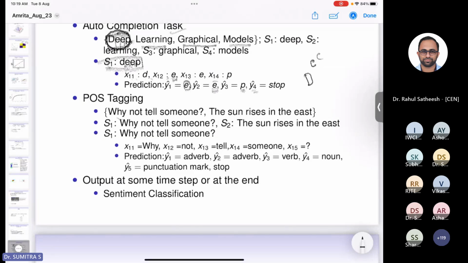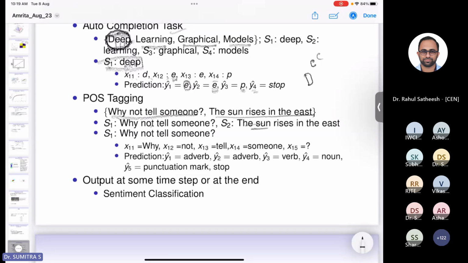So you have been given the data here. This is sequence number one, and this is sequence number two, and our task is to do POS tagging. So this is S1 and this is S2. Here we divide it into subsequences. In the first example, each subsequence consists of only one alphabet.